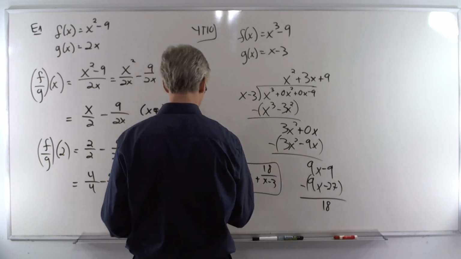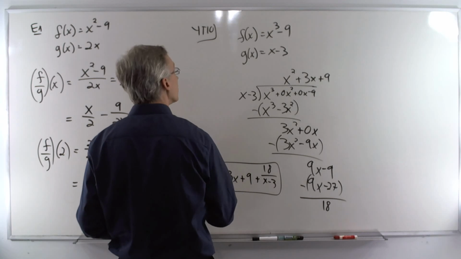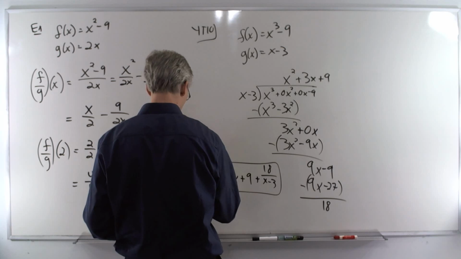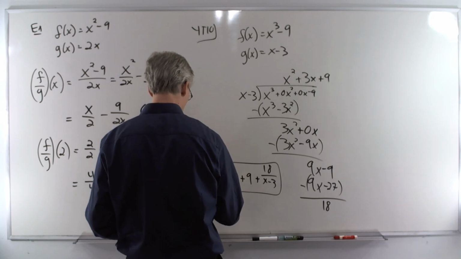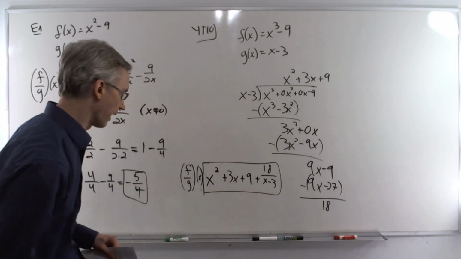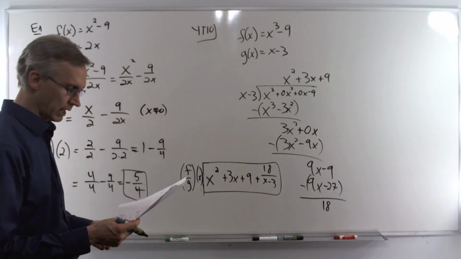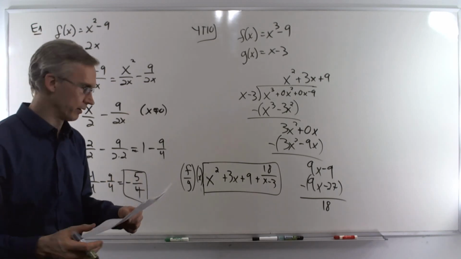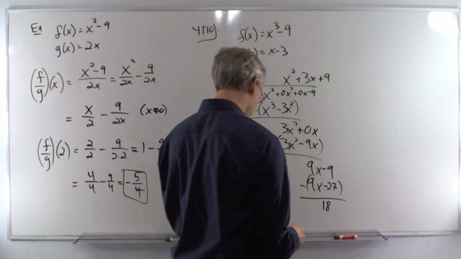So f over g of x is that. Okay, now we want f over g evaluated at 1. So we need to plug in 1 for every value of x here.